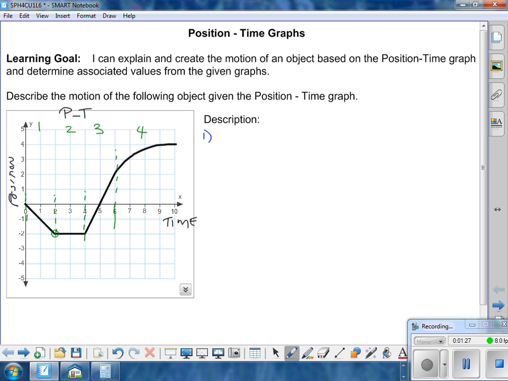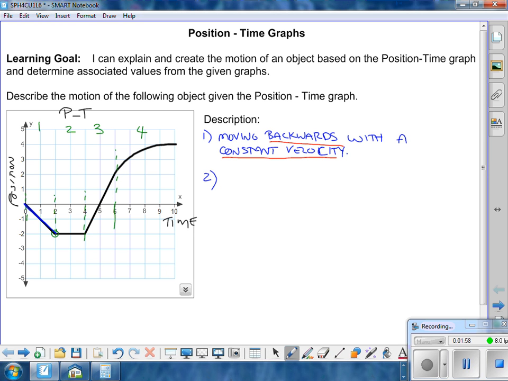So for stage 1, it is a negative slope, and it's a line, so you are moving backwards with a constant velocity. What I want to see is a direction and a descriptor on the motion.